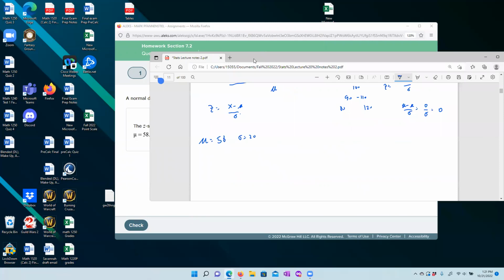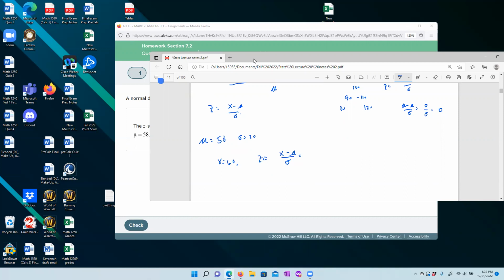We're going to say, okay, x equals 68, therefore our z-score is z equals x minus mu divided by sigma. I try to minimize the number of formulas you really have to memorize, because I don't think statistics in the 21st century should be about memorizing formulas.